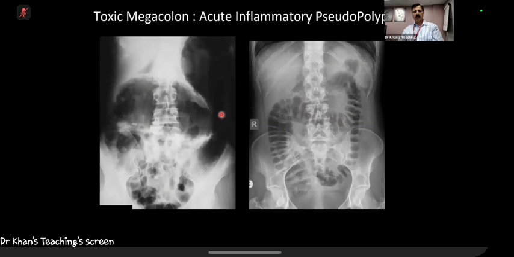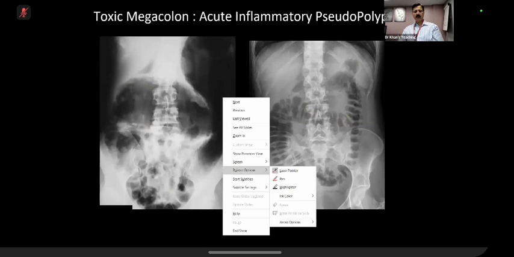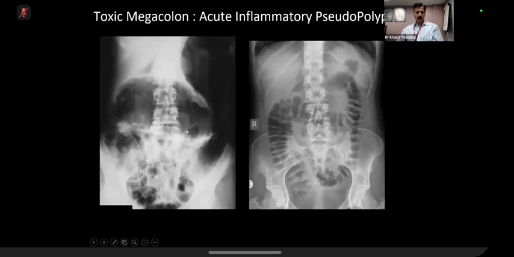And here, what is happening? This is a case of toxic megacolon. And how will you describe it in the exam? You are going to tell the examiner that there is a dilated long segment of transverse colon. With that, there is loss of haustra.